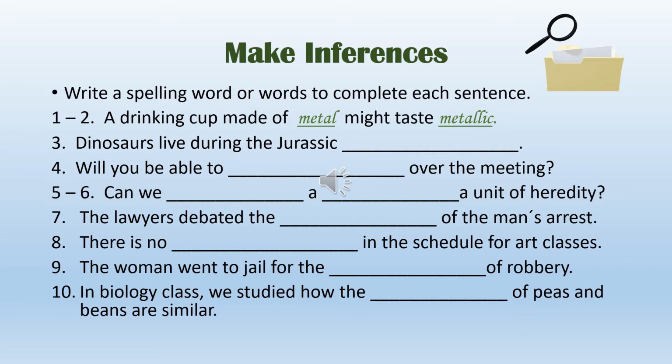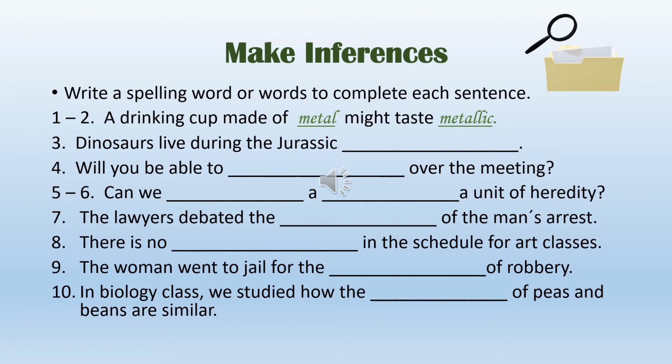Number 1 and 2. A drinking cup made of blank might taste blank. What is going to be the word that best completes this sentence? A drinking cup made of metal might taste metallic.